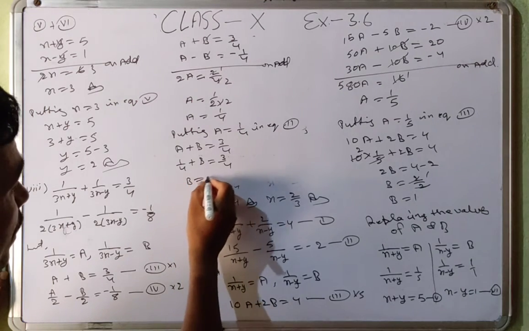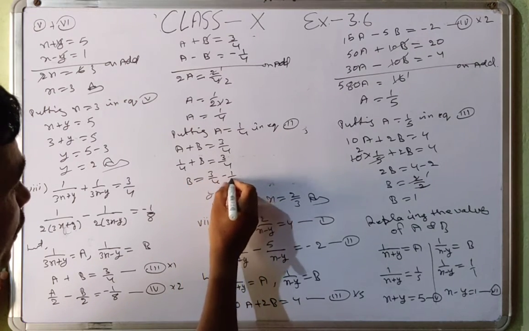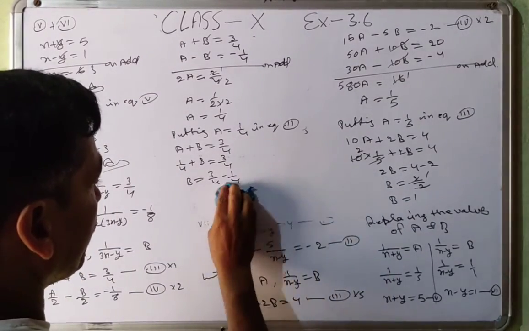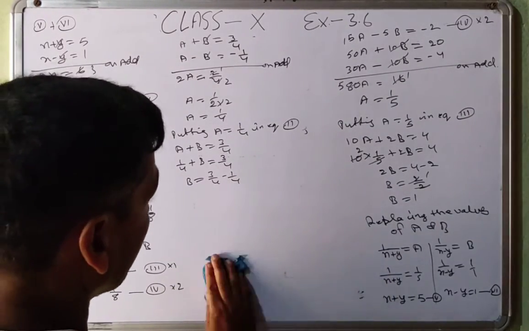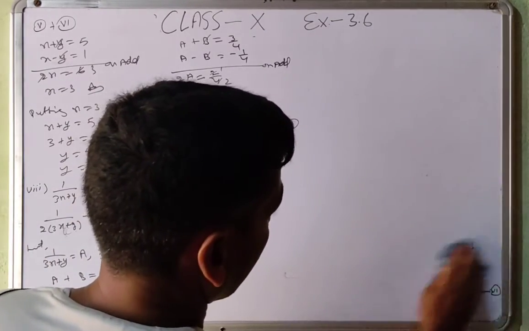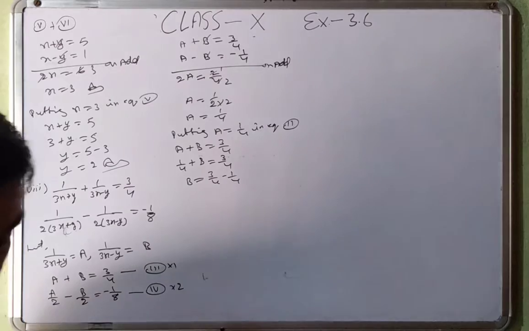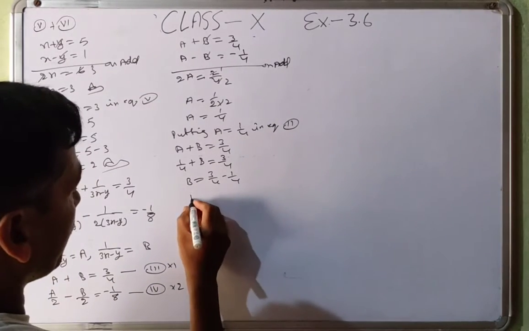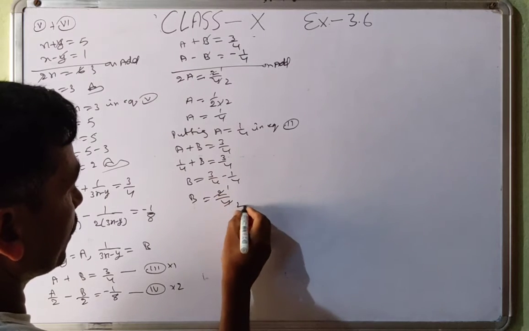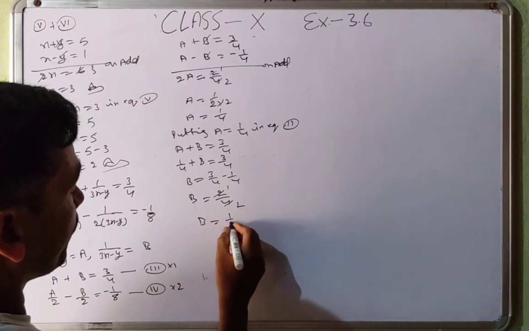So b is equal to 3 upon 4 minus 1 upon 4. When we subtract this, b is equal to 2 upon 4. So b is equal to 1 upon 2.